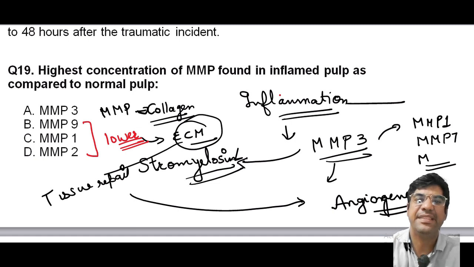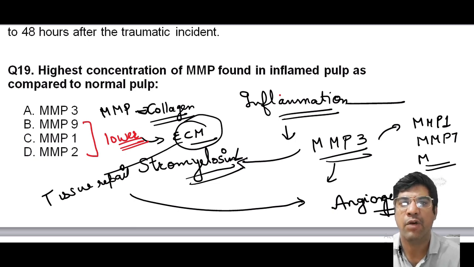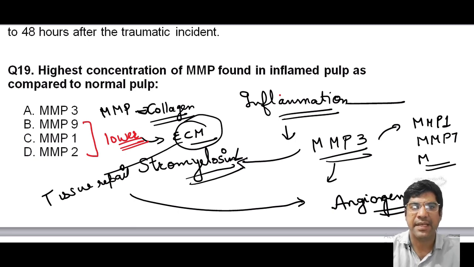Remember, these MMPs help to maintain the equilibrium between the synthesis and degradation of collagen in the periodontal tissue. They play a role in the normal turnover of the periodontal extracellular matrix. In conditions like periodontitis, there is overexpression of these MMPs.